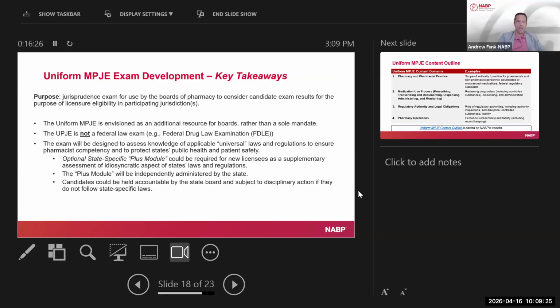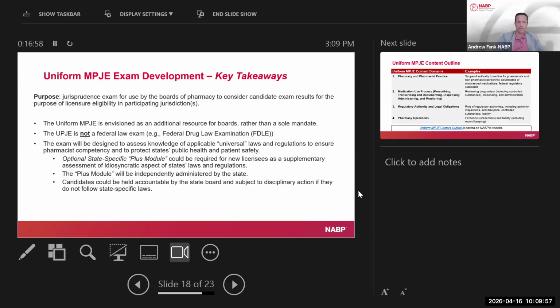Several of the states that have adopted this exam have also implemented a state-specific module. If there were particular laws that were very unique to the state of Hawaii, this would be something that you could consider as an add-on, whether it's a CPE type of program, or just something that you list and ask individuals to attest to.